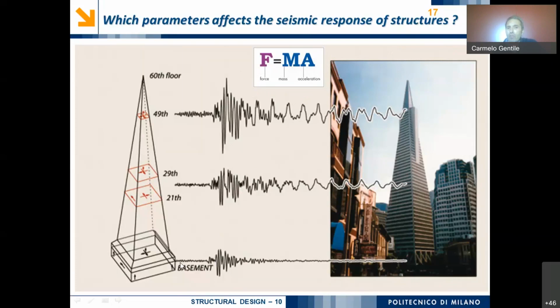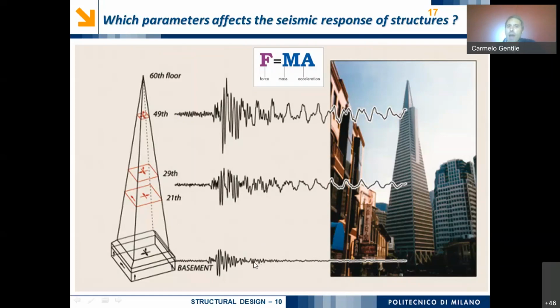And for example, it is possible to measure the acceleration during an earthquake by installing some sensors that are measuring the acceleration. These sensors are called accelerometers. And so, for example, in an instrumented building, it's quite typical to measure the acceleration at the foundation level, the acceleration at an intermediate level, and the acceleration, for example, at an upper level.